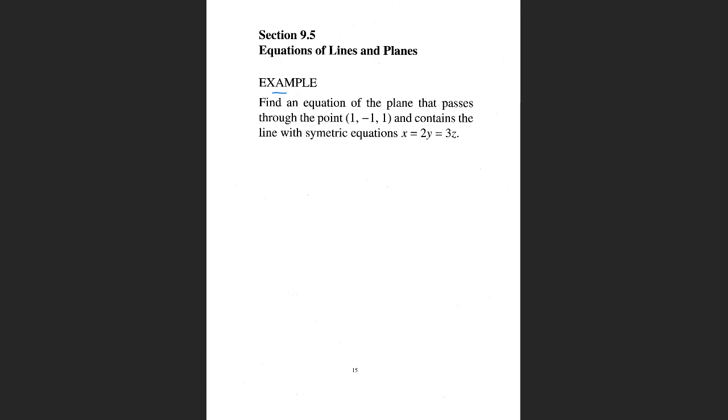So we want to find an equation of a plane that passes through the point (1, -1, 1) and contains the line with symmetric equations x = 2y = 3z.